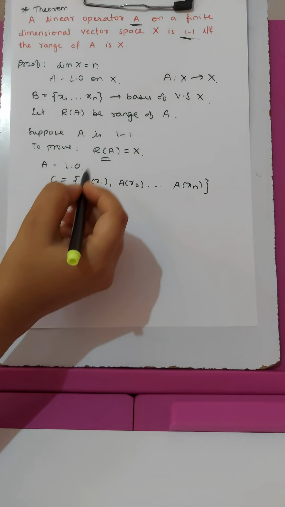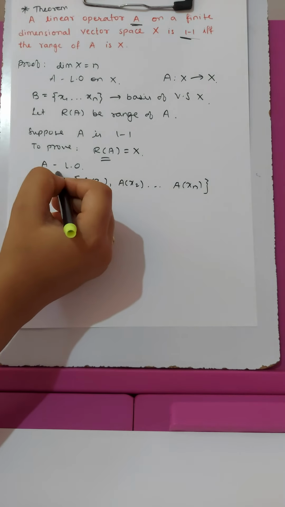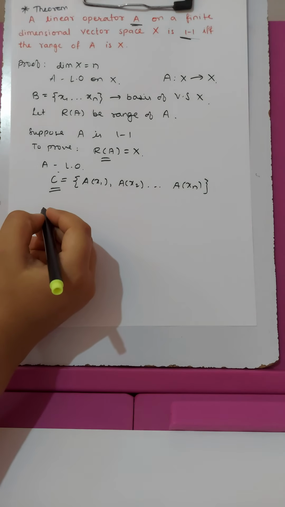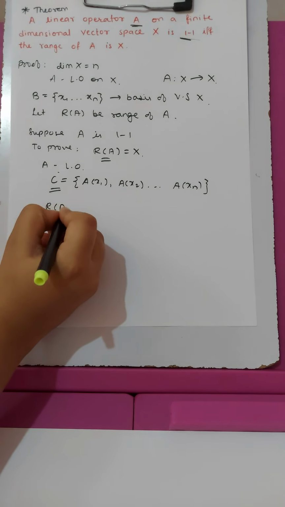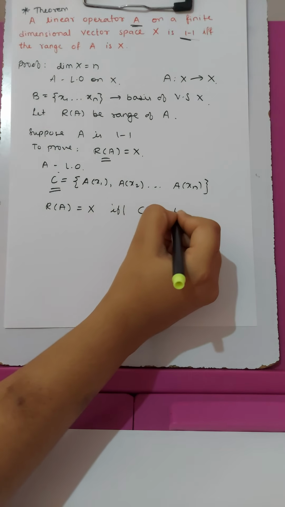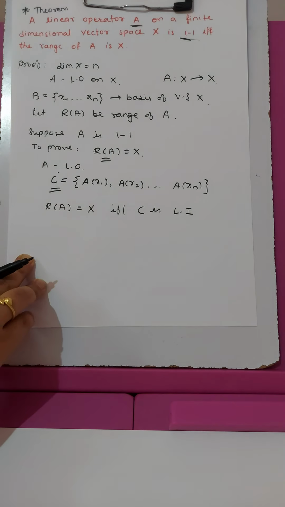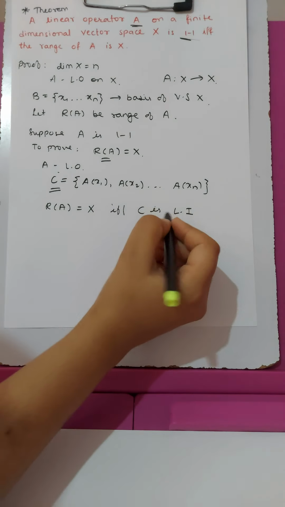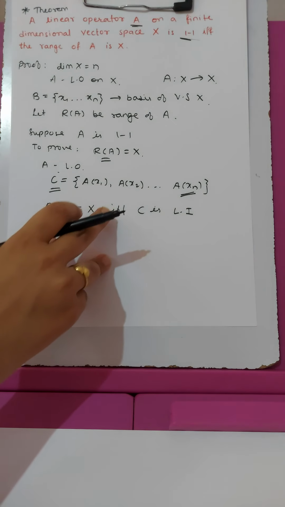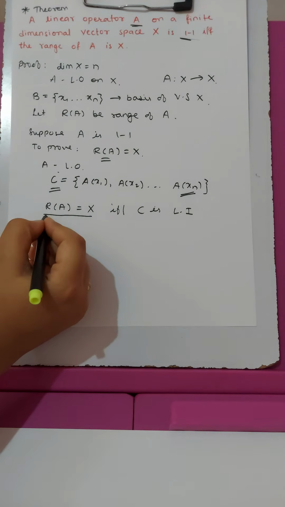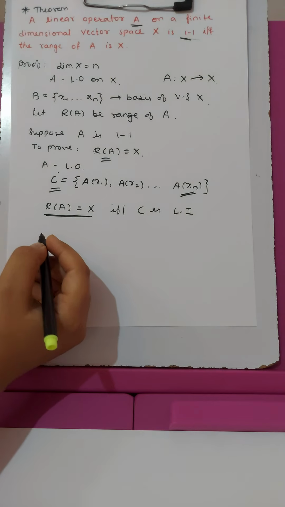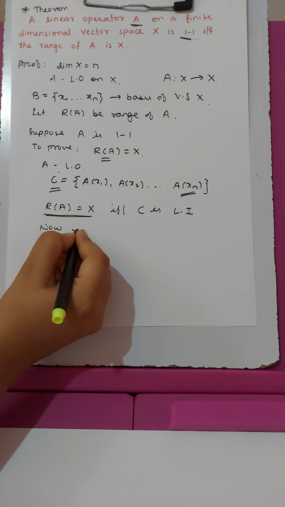This set C spans the range of this linear operator A. So by theorem, R of A equals X if and only if C is linearly independent. Therefore, we will prove this C is a linearly independent set, and if this set becomes linearly independent, then that implies that R of A equals X.